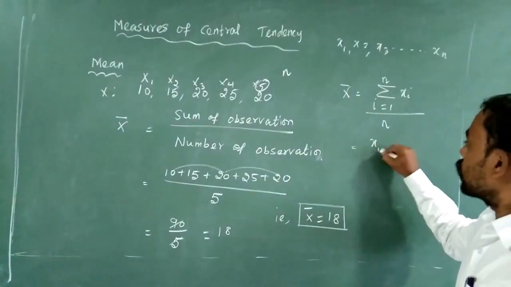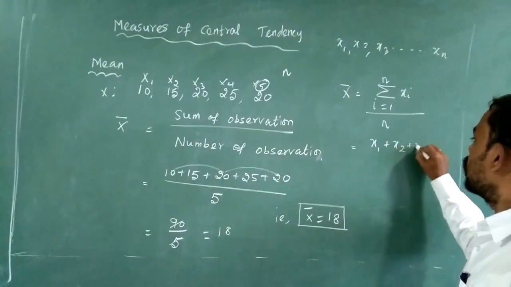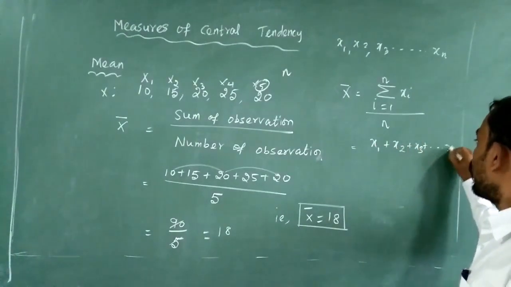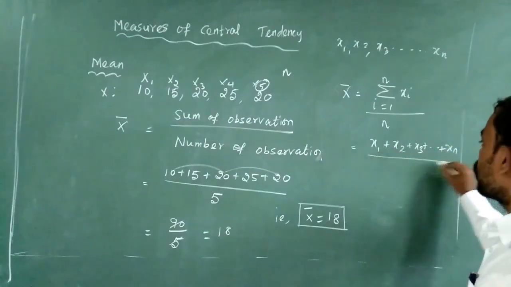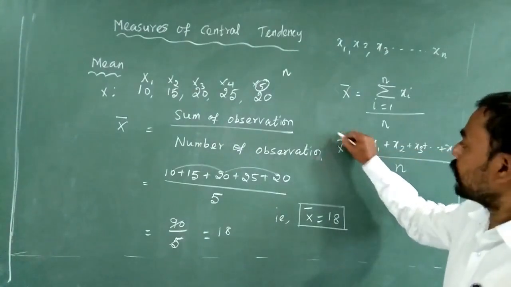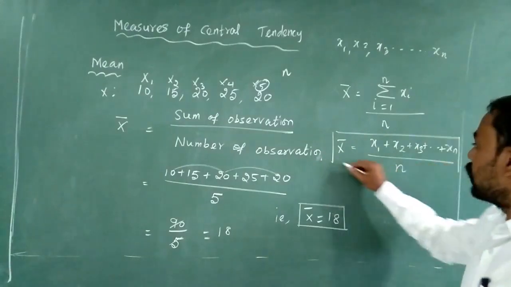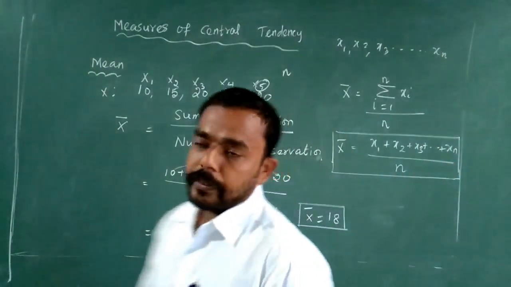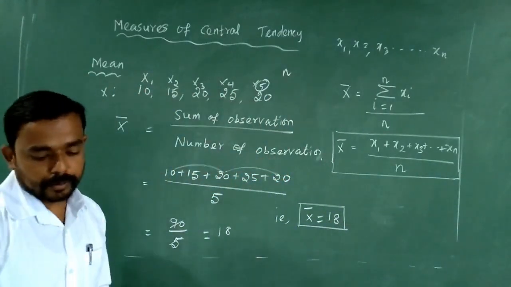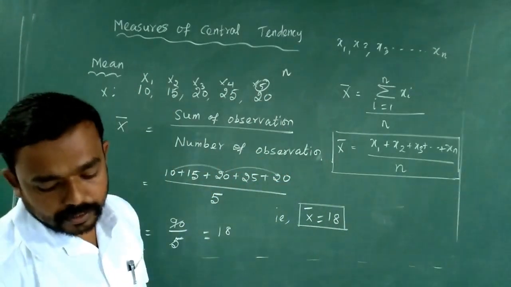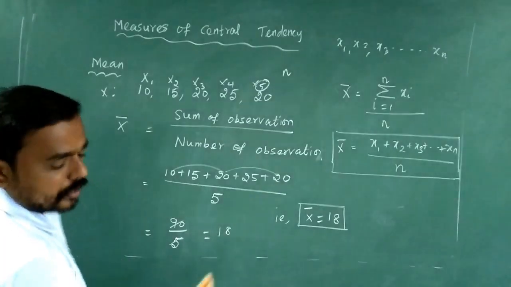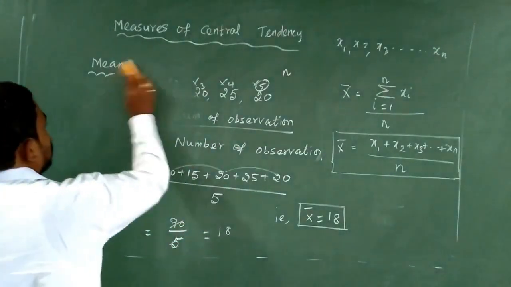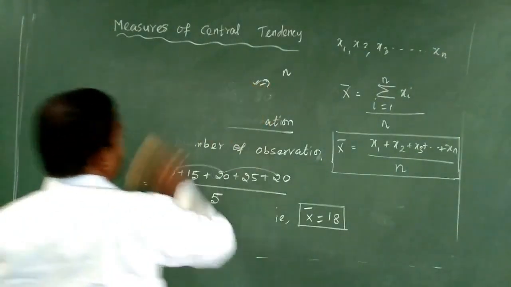So that is x1 plus x2 plus x3 plus up to xn, divided by small n. This is the meaning of mean. Now you are going to find the mean of a frequency table. How to find this? This thing we are going to study. Only mean.